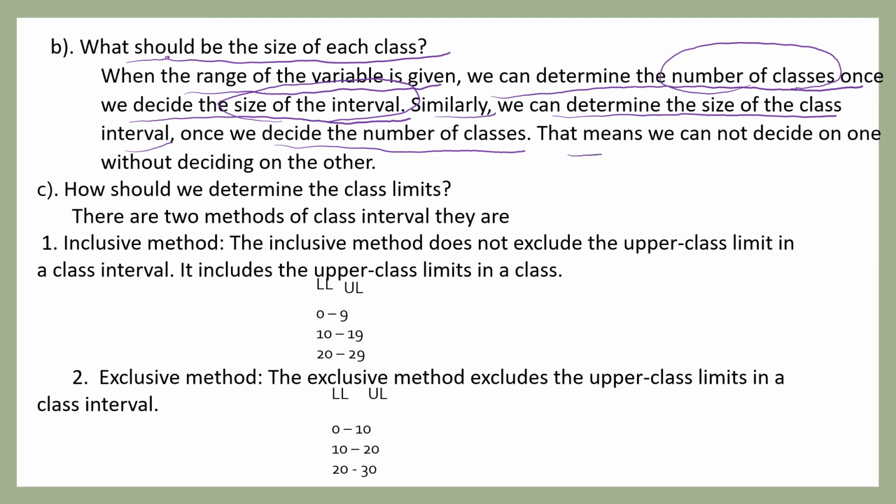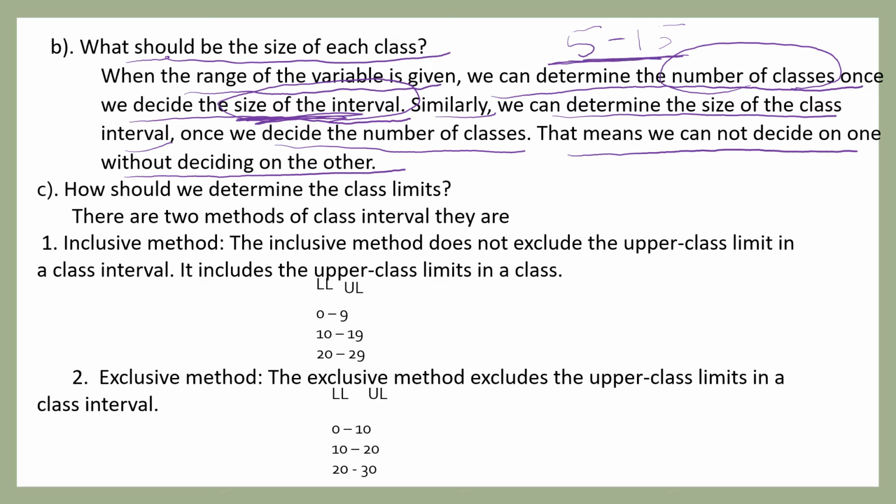That means we cannot decide one without deciding the other. Dear students, one thing you have to keep in mind: the number of classes should be between 5 and 15. If the range is large, then increase the size of the class interval and keep the number of classes between 5 and 15. If the range is small, reduce the size of the class interval and increase the number of classes.